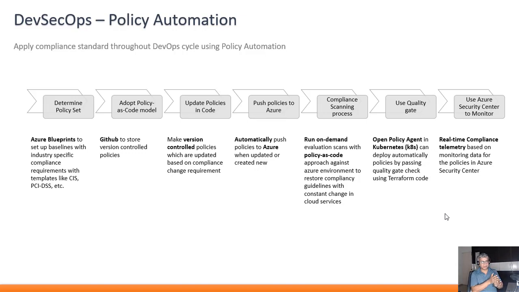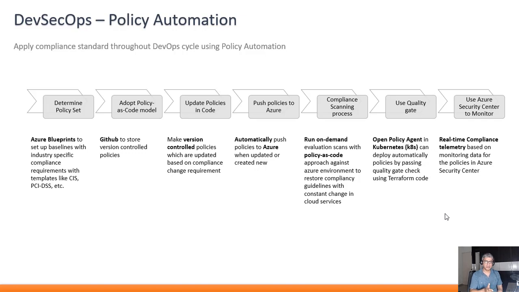Then you go through a compliance scanning process of this policy, right? Whatever compliances you are putting as part of your policy, that needs to be scanned. You use the quality gate, for example, the policy agent that is there in Kubernetes can be used to check the quality that is part of this particular policy.